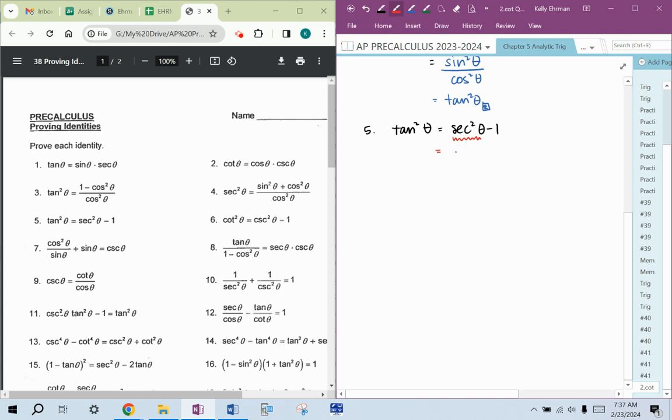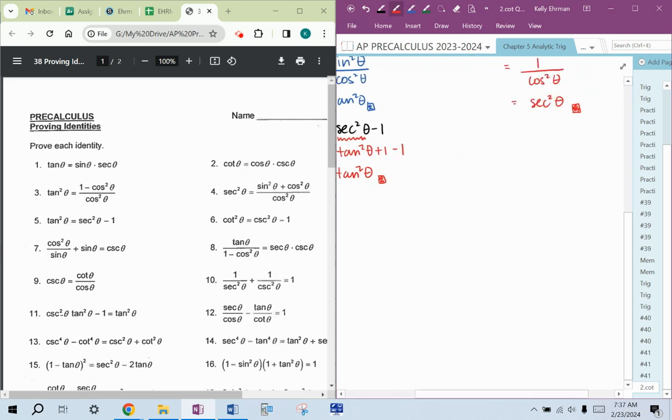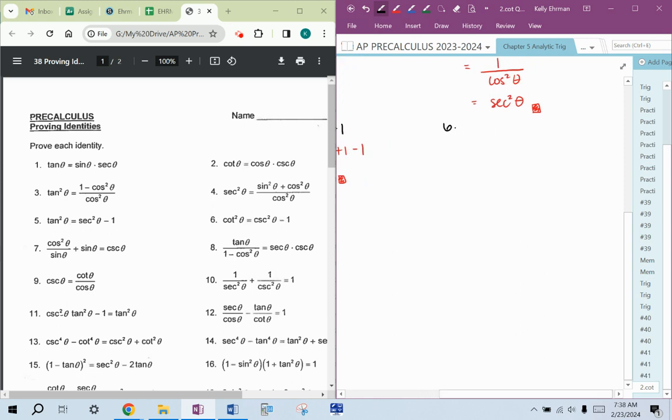So secant squared is equal to tangent squared theta plus 1. And then we have this minus 1. So that would simplify to tangent squared. So kind of a short little proof. To be honest, I wouldn't expect anything that short. I'm not going to have you prove any of the rearranged Pythagorean identities because I'm saying that you're allowed to use them in the first place.